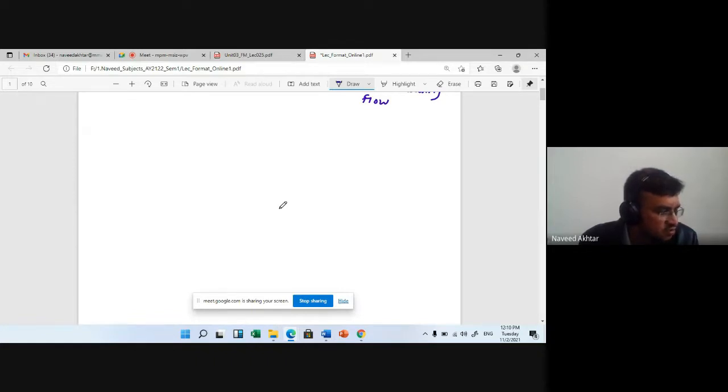Then forces acting on a fluid mass in motion, where we started the dynamics. Euler's equation of motion along a streamline we have seen. Then from Euler's equation we got Bernoulli's equation and its limitations we have also discussed. Also modified Bernoulli's equation, the concept of hydraulic grade line and total energy line.